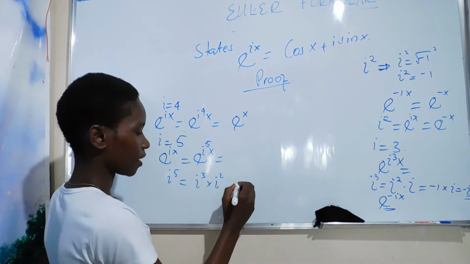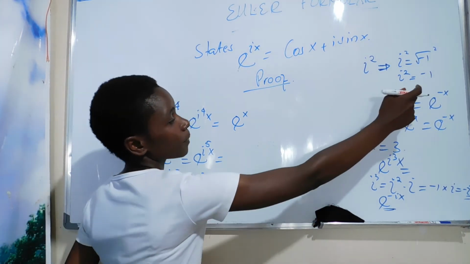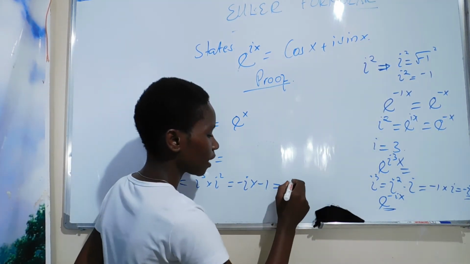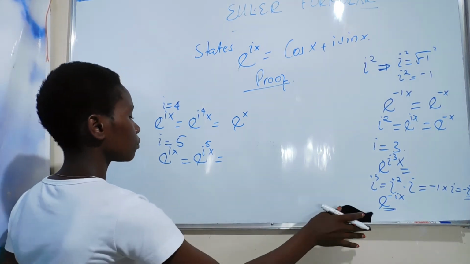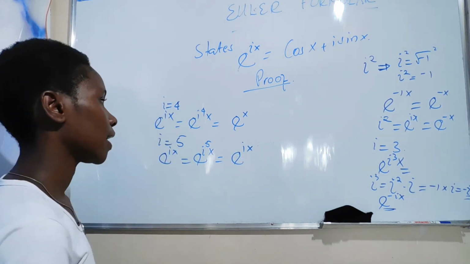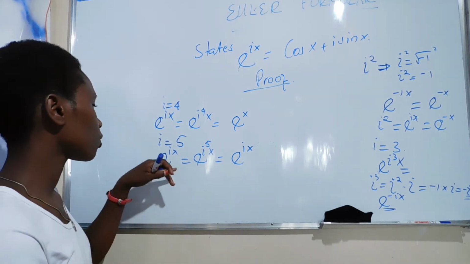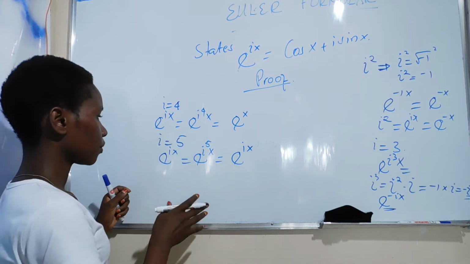So kumbe I3 ni sawa na -I times I2 nilipata -1. So kumbe I power 5 it is I positive. So if I'm going to plug to my equation, it will be E ix. So I think you can just proceed to other real numbers ambazo zinaenda up to infinity.